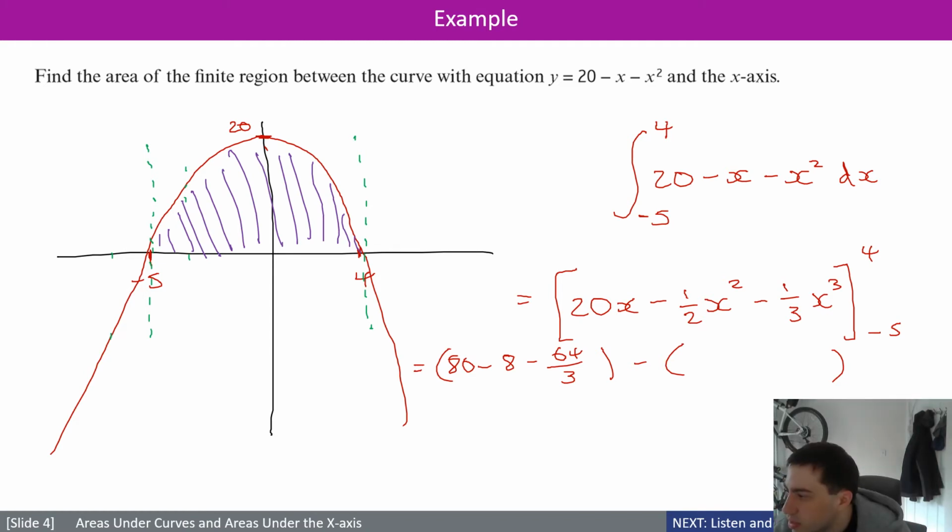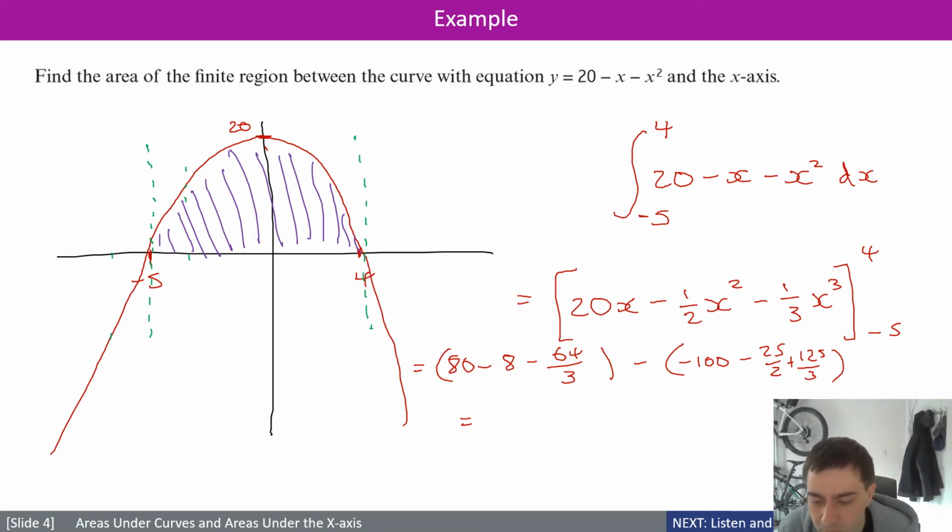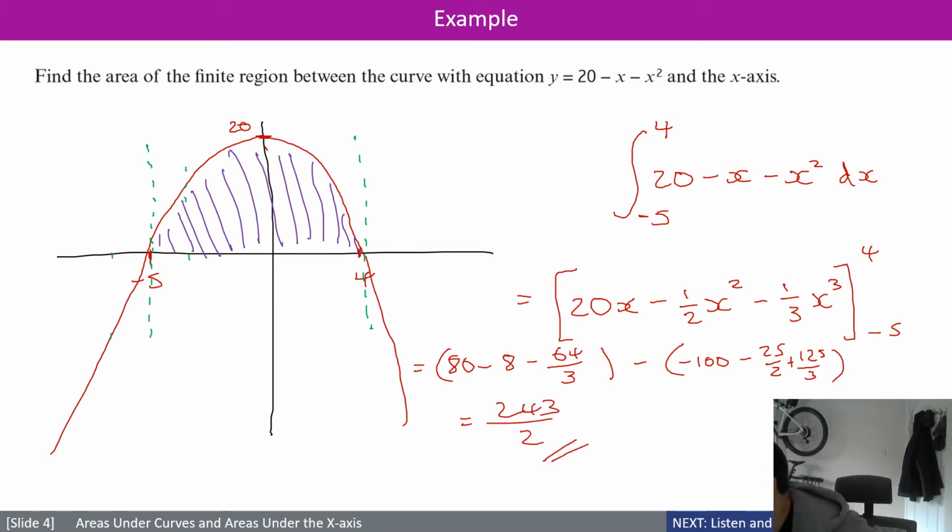And then let's put in the -5, we get -100, -25/2, and -125 times a minus, you get this. At this point you can probably just use your calculator. And it turns out the answer is this. So 121.5 is the exact, precise area between that curve that you can see and the x-axis.